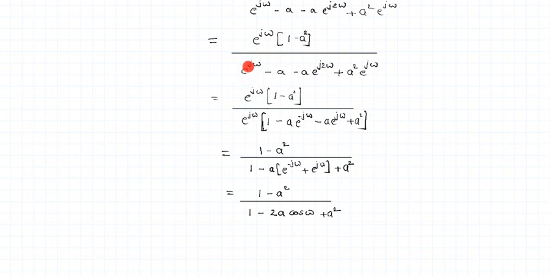E raised to j omega, when we take it common, here it remains as 1. There is no term here. E raised to j omega term is not there. So when we take e raised to j omega common, what remains with the factor a? Since there is no e raised to j omega, what remains with a is e raised to minus j omega. Right? So when we multiply e raised to j omega with e raised to minus j omega, it will be e raised to 0, which is 1.